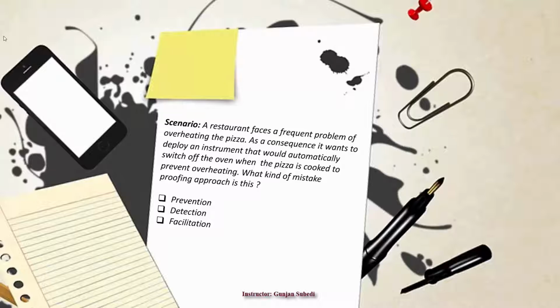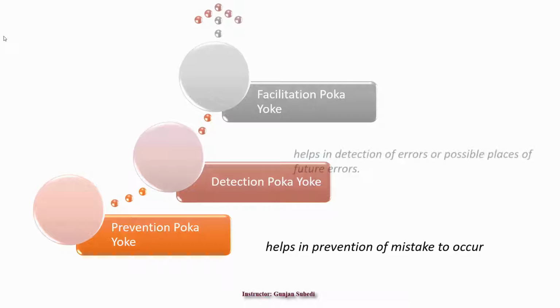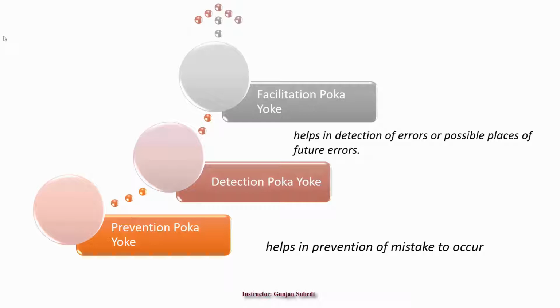The correct answer to this question is prevention pokayoke. As we know, there are three types of pokayoke or mistake-proofing approaches: prevention, detection, and facilitation. Prevention pokayoke helps in preventing the mistake from occurring. Detection pokayoke helps in detection of the error or possible places of future errors.